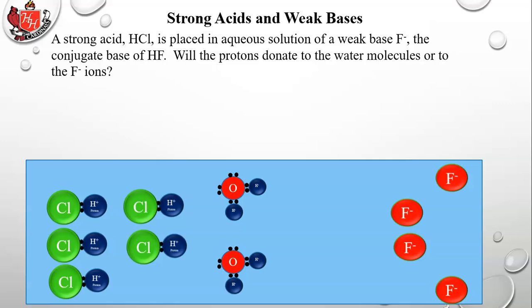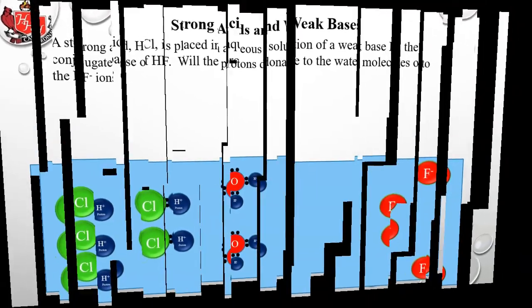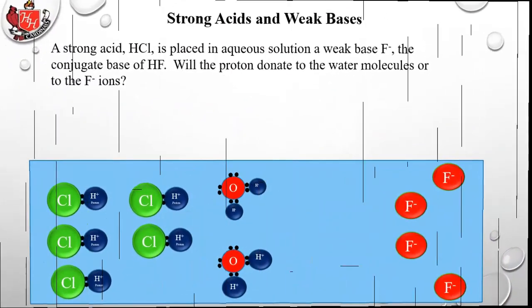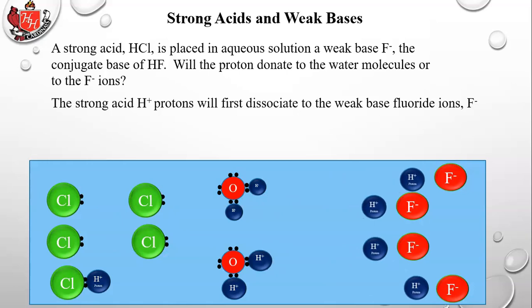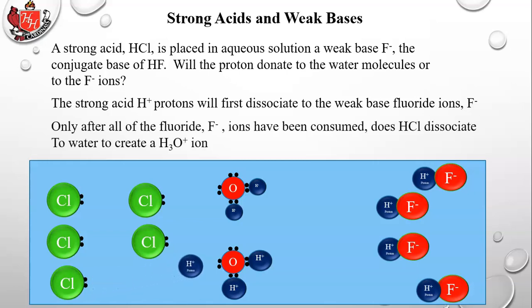Will the protons donate to the water molecules or to the fluoride ions? The strong acid H+ protons will first dissociate to the weak base fluoride ions, as you just saw. Only after all the fluoride ions have been consumed does the HCl dissociate to the water to create H3O+.